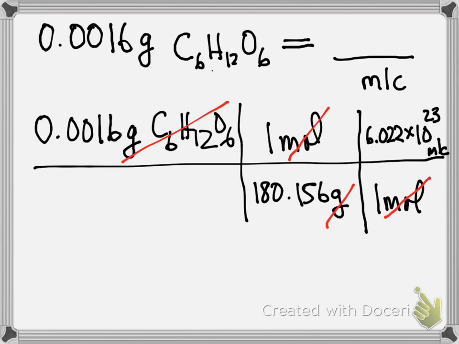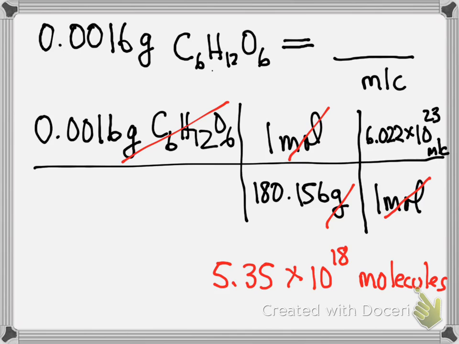And when we simplify this, we get an answer of 5.35 times 10 to the 18 molecules.